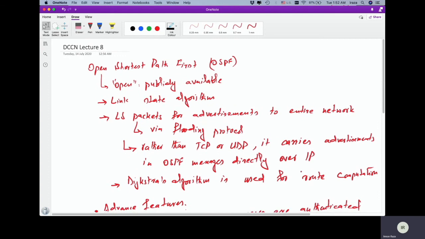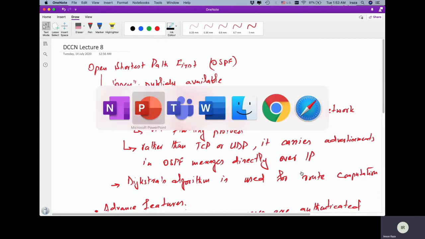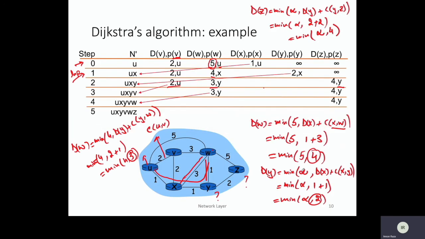Right. So this concludes our discussion on link state routing algorithms. After understanding this algorithm, we've talked about the routing protocol making use of it, known as Open Shortest Path First.